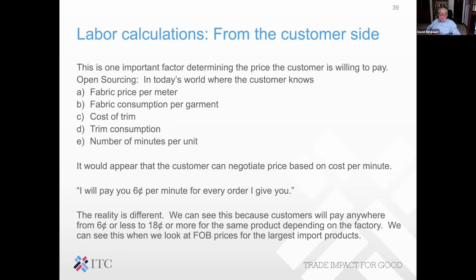Theoretically, it worked out well, except for a problem: when you start looking at the customer's figures, they realize that some factories are being paid 6 cents, and other factories are paid maybe 12, maybe 18 cents for the same product.